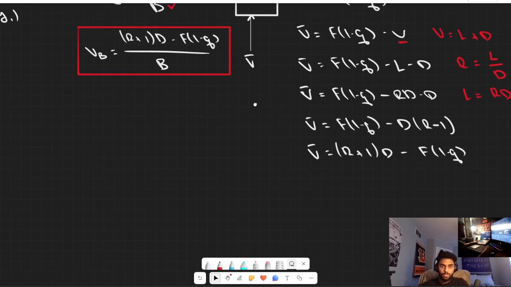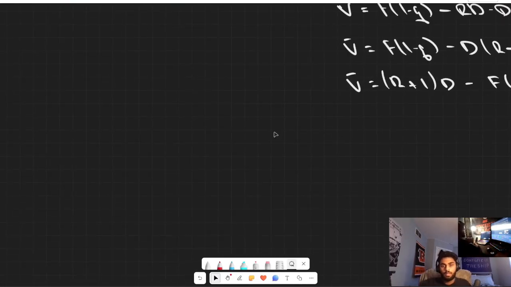Now, something else I'm interested in is what is the intersection of my stripping operating line in the upper edge of our XY diagram, which is to say that when our Y is equal to 1, what is our X equal to in our stripping section?